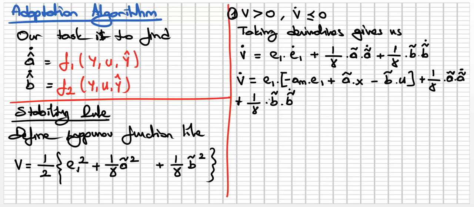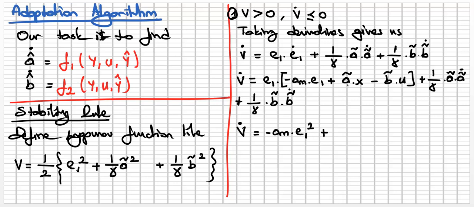And so I can recollect these terms like this one. V dot is equal to what? Firstly, I can split the a_m times e1 squared, because it's coming from this equation here.